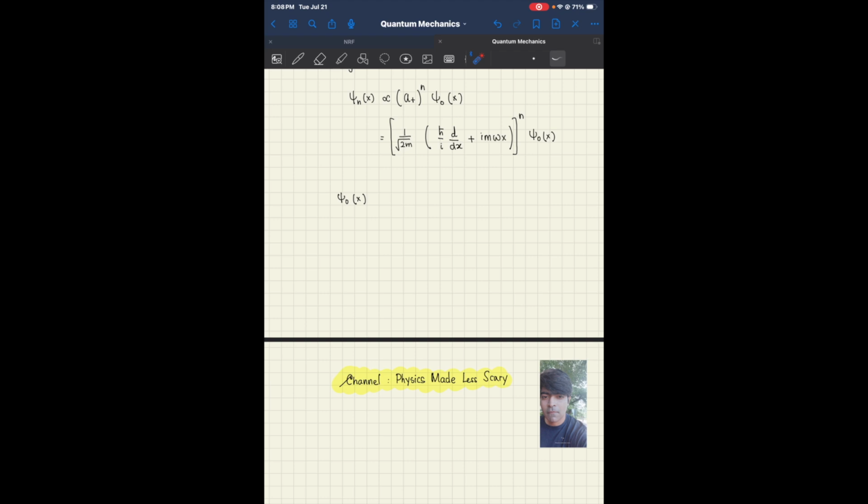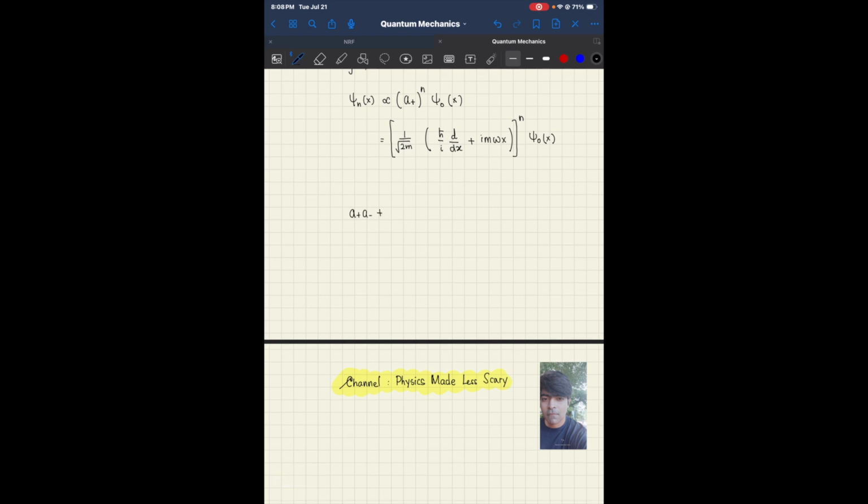If you act the Hamiltonian on psi 0, which is a plus a minus plus half h cross omega, psi 0 is equal to, let's call it E0, psi 0.